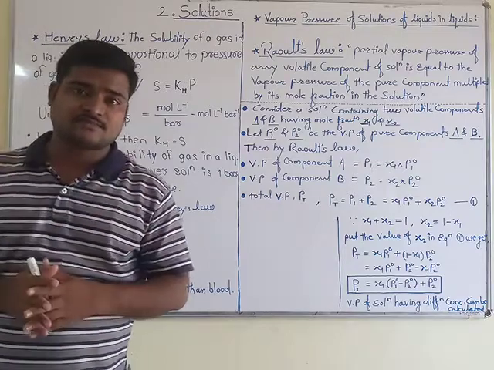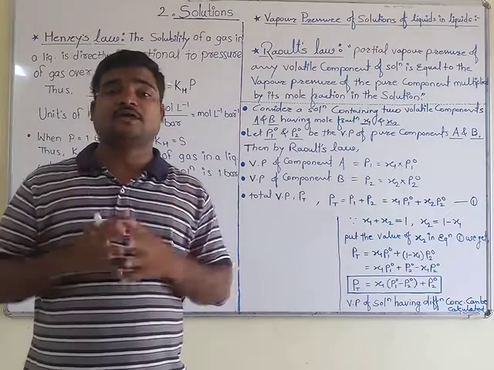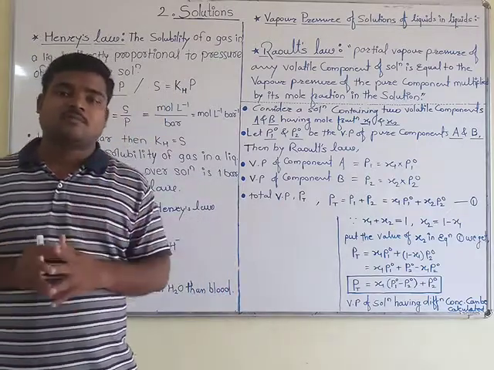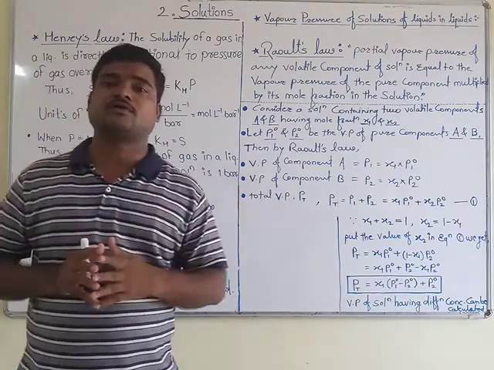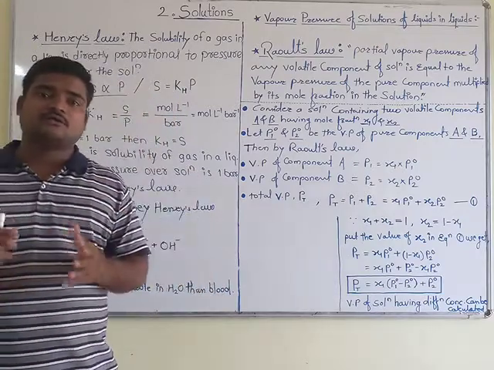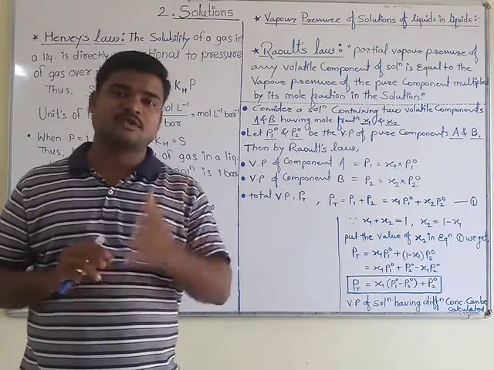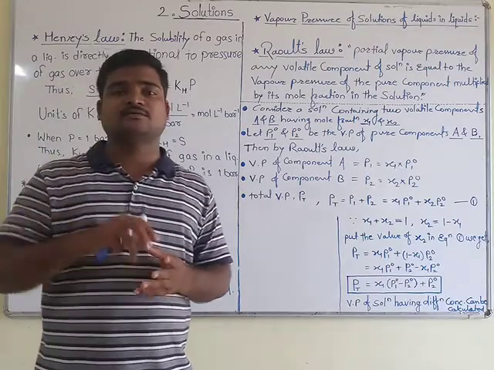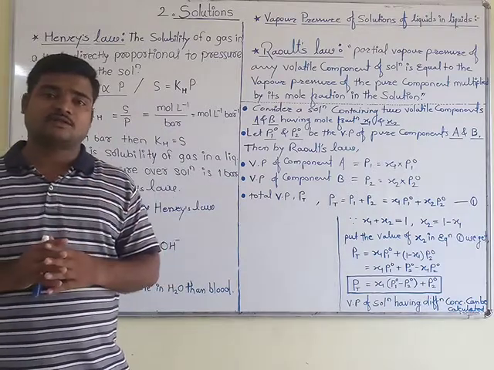What it tells us: we have already seen the different types of solutions in our last lecture. In that, one combination was where the solute is a gas and the solvent is a liquid. Take the example of cold drinks. In cold drinks, some pressure of gas is present inside the liquid in the bottle.